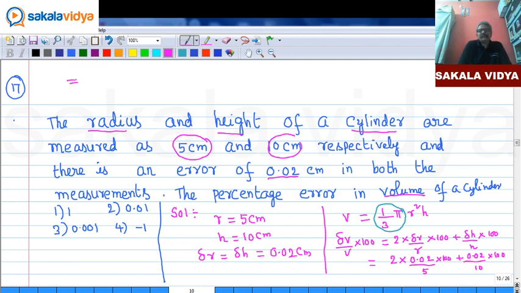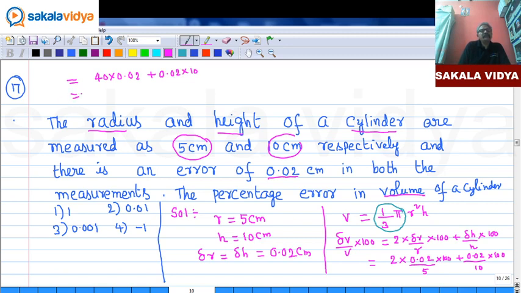So this equals 40 into 0.02 plus 0.02 into 10.